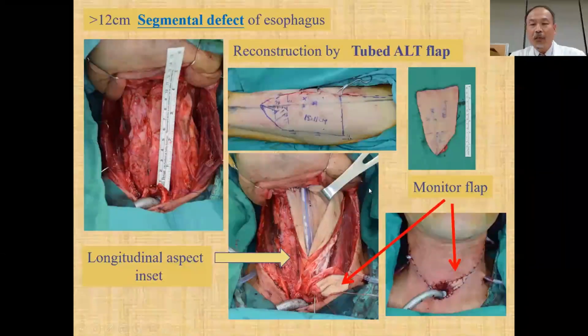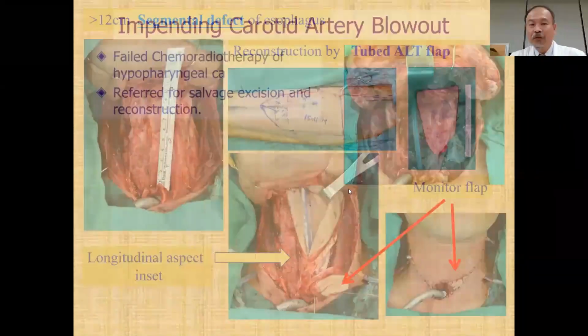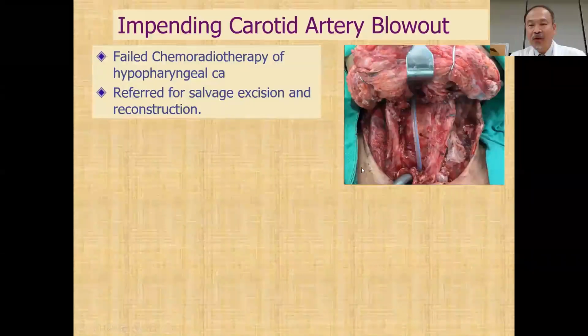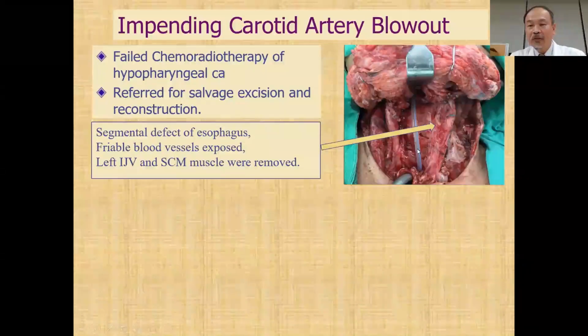But now more and more patients are referred for salvage excision and reconstruction because of failed chemoradiotherapy of hypopharyngeal cancer. Here we can see a segmental esophageal defect, and also a friable blood vessel exposed. The left internal jugular vein is ligated and the SCM muscle removed, so this is not well protected.